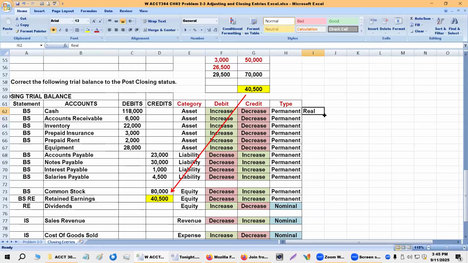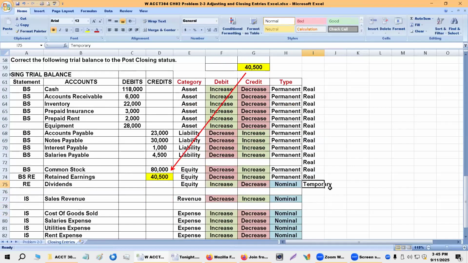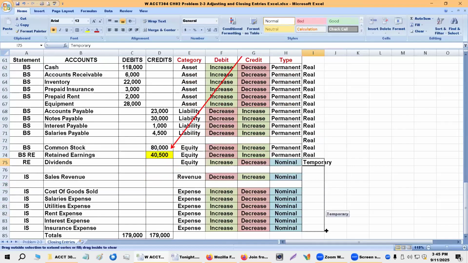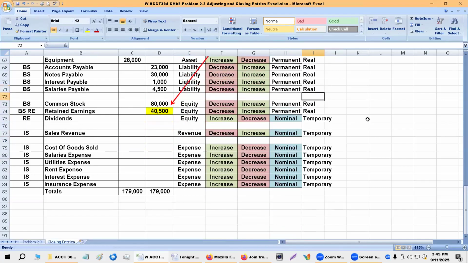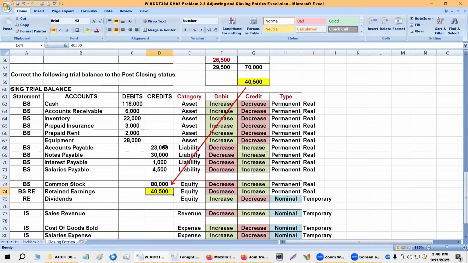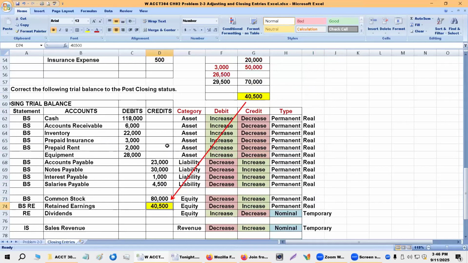Sometimes these down here are called temporary accounts. And we reset those to zero, and we start our new year. And everything's in retained earnings. Everything's in that piggy bank of the owners.